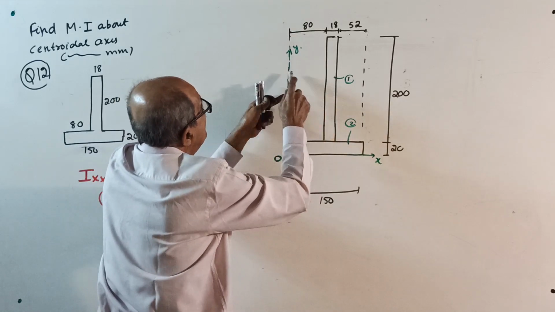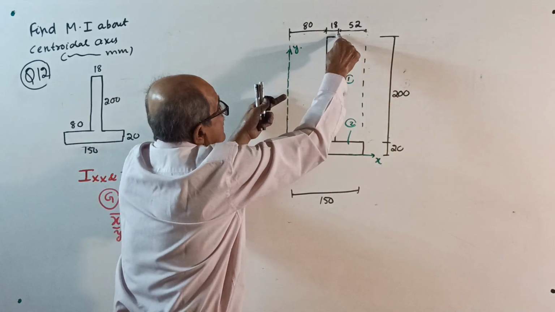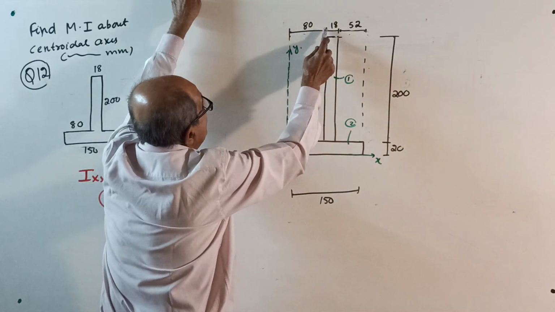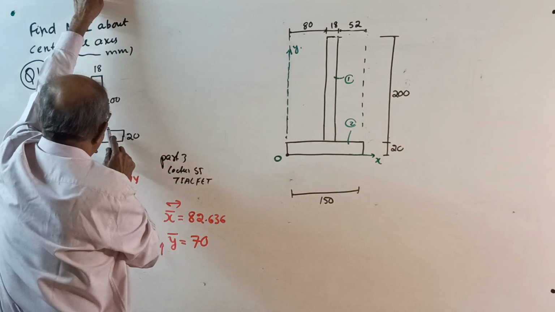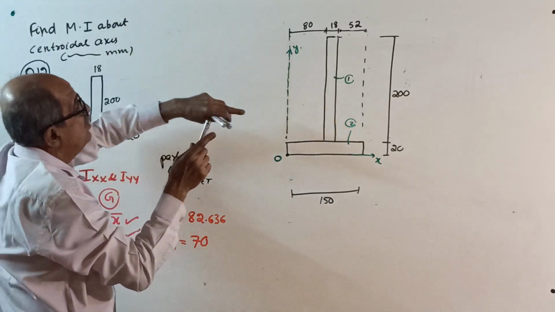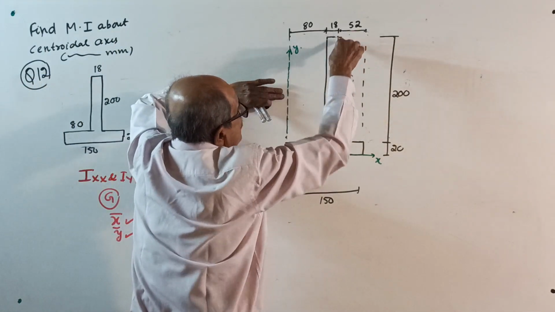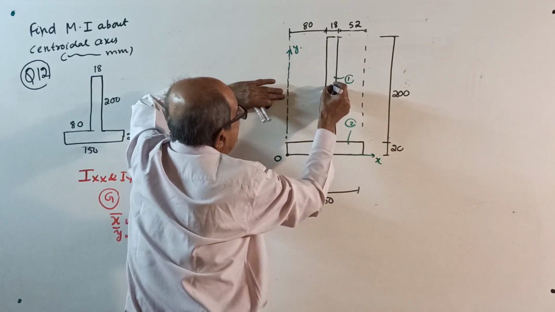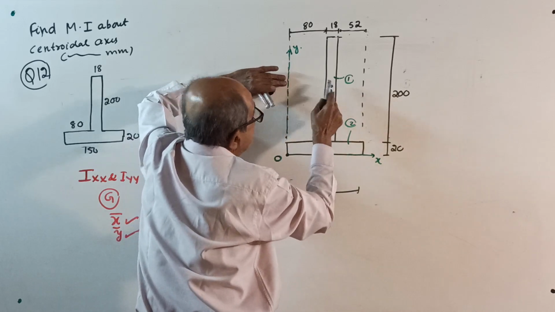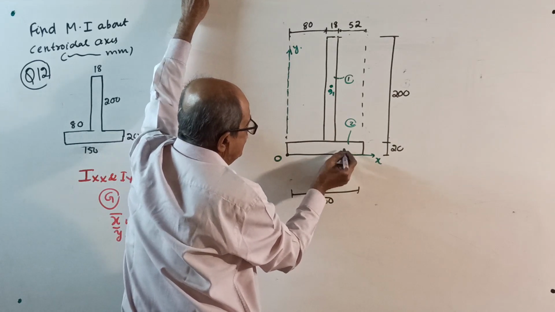A1, X1. 18 into 200 into, see, one minute, I forgot here. If this is 80, this offset is 150 minus 80 minus 18. Then X bar from here: 18 into 200 into, its centroid G1, 80 plus 18 by 2, plus this centroid, somewhere here.